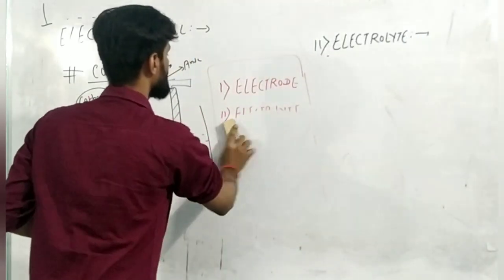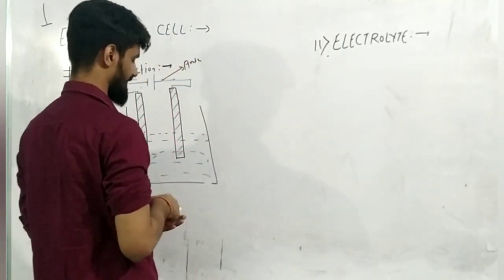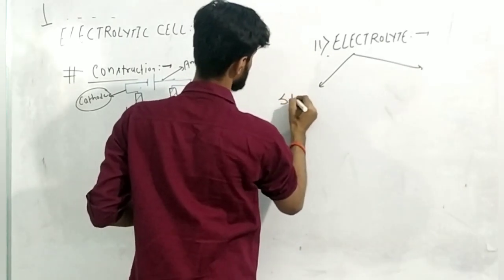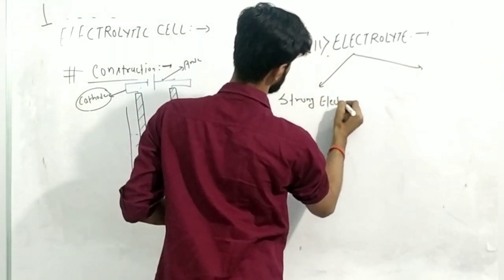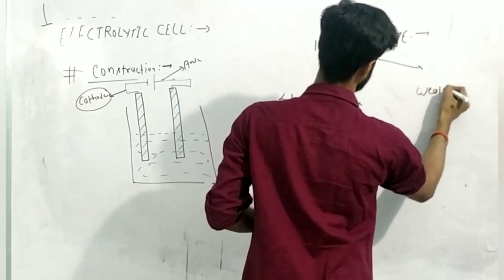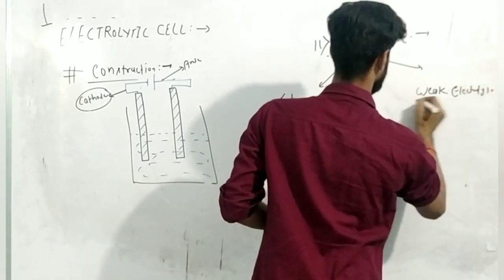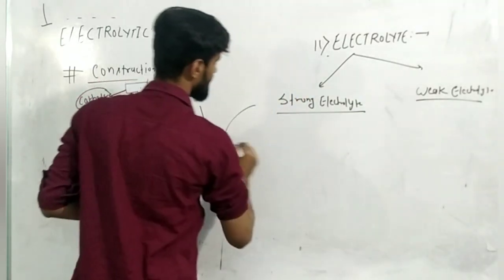Okay. Now I am going to discuss the types of electrolyte. Generally we study two types of electrolyte: one is a strong electrolyte and one is a weak electrolyte. So first I am going to discuss the strong electrolyte.